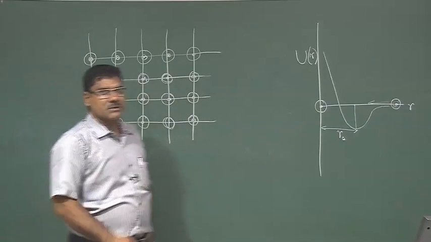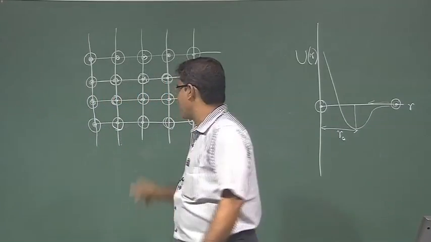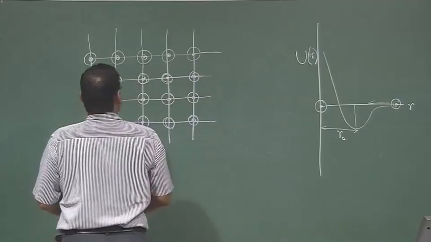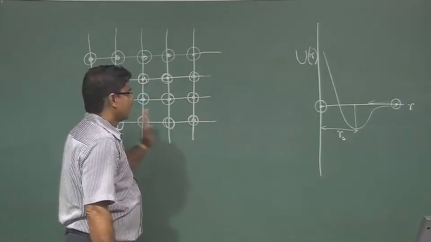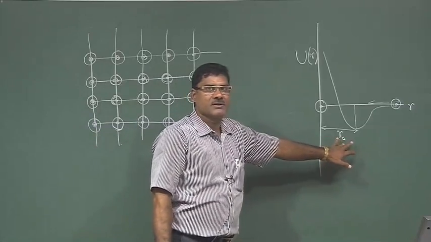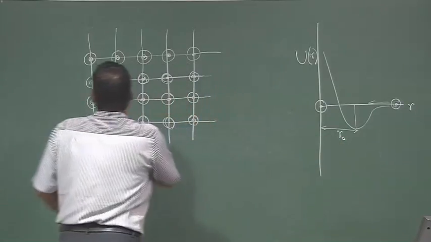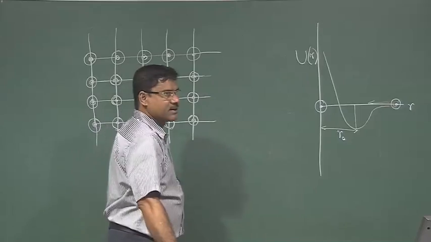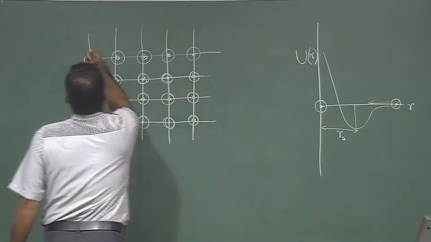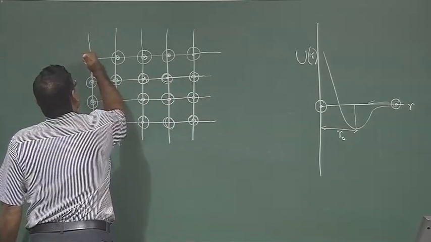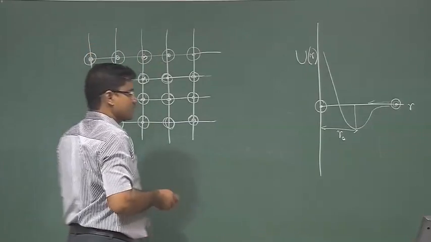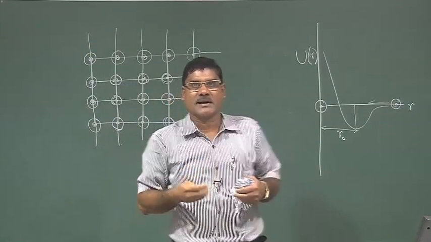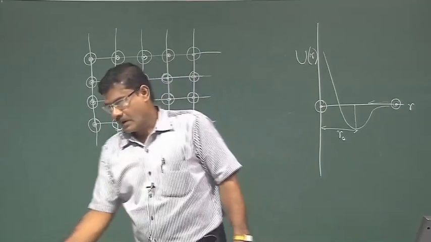Okay, so atoms will arrange in solid keeping their interatomic distance as the equilibrium distance r0. Now, this is a 2-dimensional picture. So, in other directions also, atoms will follow the same way. Okay. So, one can get the 3-dimensional arrangement of atoms in solid.